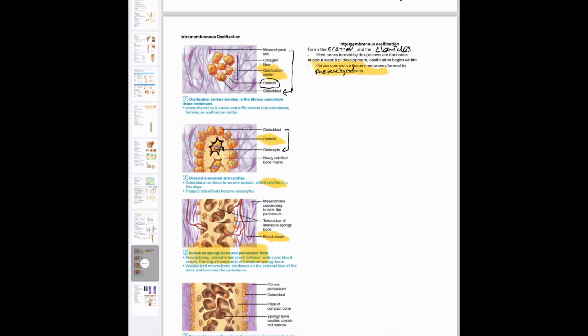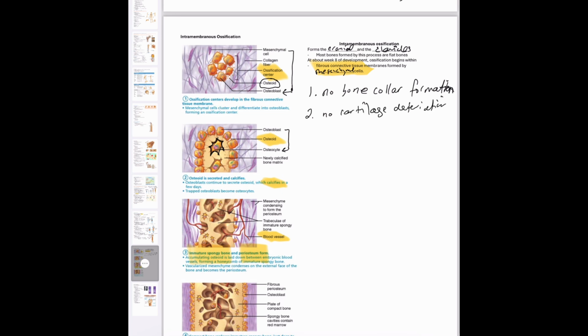If we were to compare this with endochondral ossification, some of the differences: we've already talked about the tissue being different, what we're starting off with. There's no bone collar formation. Another difference, obviously there's no cartilage here, so there's no cartilage deterioration.